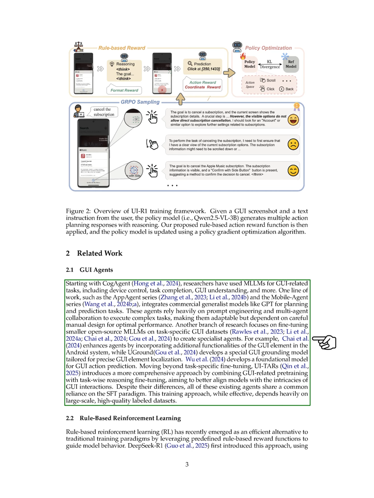For example, some enhance agents by adding functionalities for Android GUI elements, while others develop models for precise GUI element localization. Moving beyond task-specific fine-tuning, UI-TARs combine GUI pre-training with reasoning fine-tuning to better align models with GUI interactions. Despite their differences, these agents all depend on the SFT paradigm, which requires large, high-quality labeled datasets.